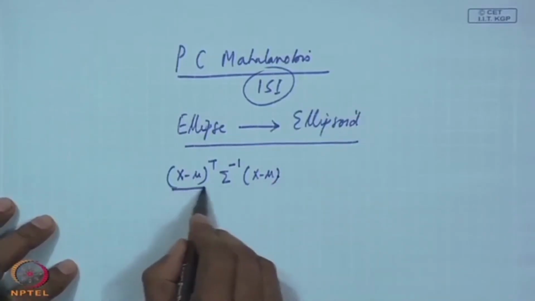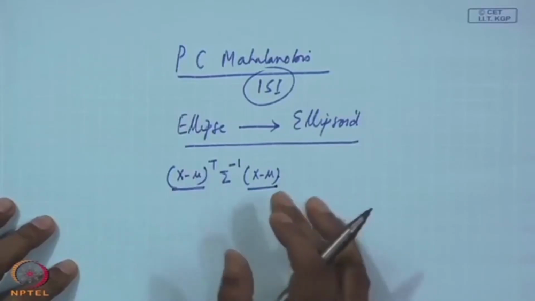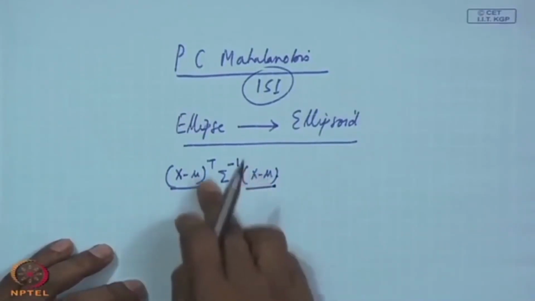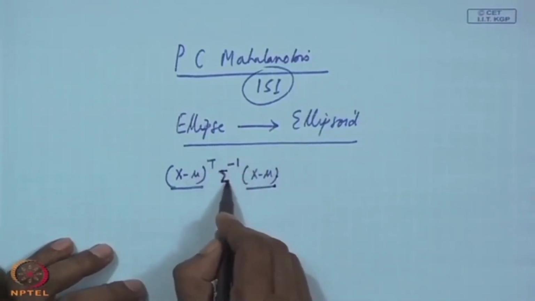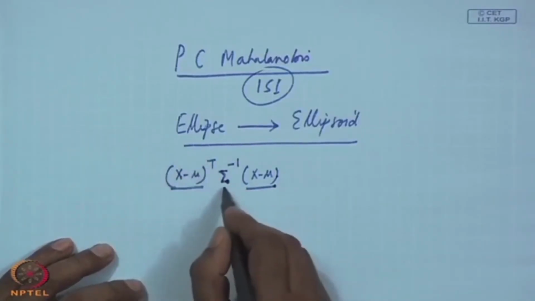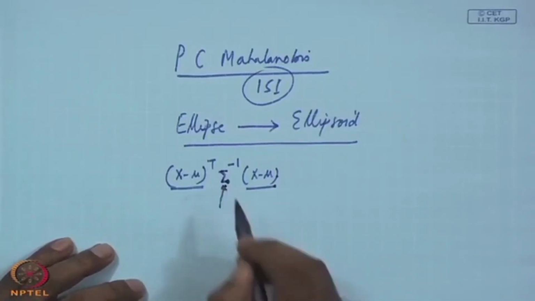You see this x minus mu transpose and x minus mu, that is the square term of a normal variable, and this capital sigma is the variance, covariance part. Capital sigma is the population sigma, it is a constant value.